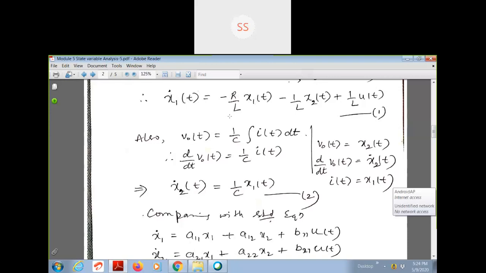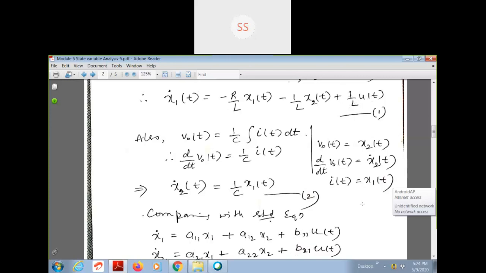This is nothing but the a11 term. This equation also has x2 of t, and its coefficient is minus 1 by l. So a12 is minus 1 by l. This equation also has u of t with coefficient 1 by l, so 1 by l is this b11. So the b11 value is 1 by l.